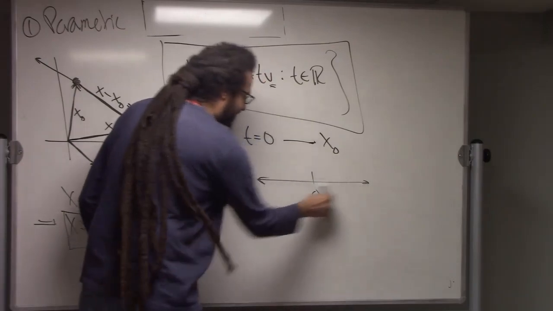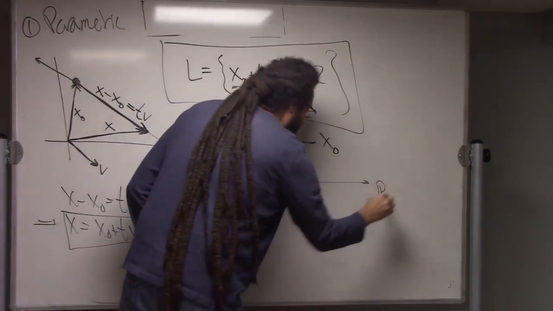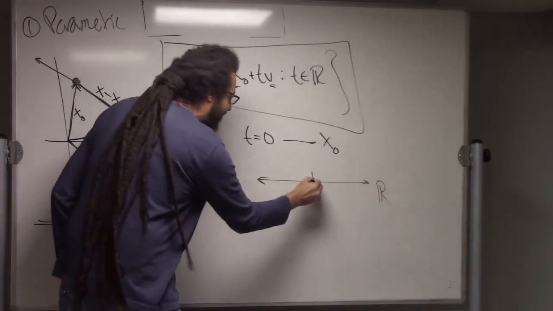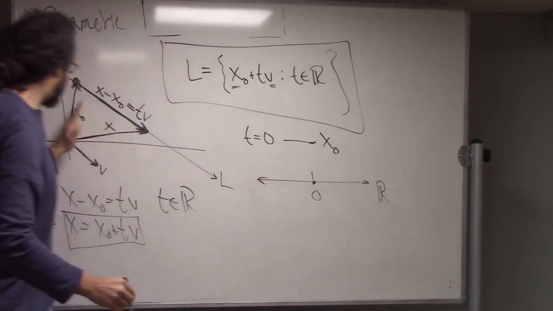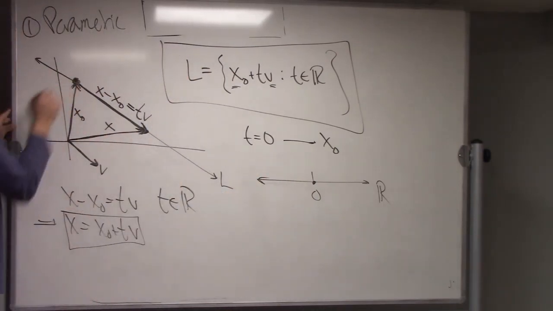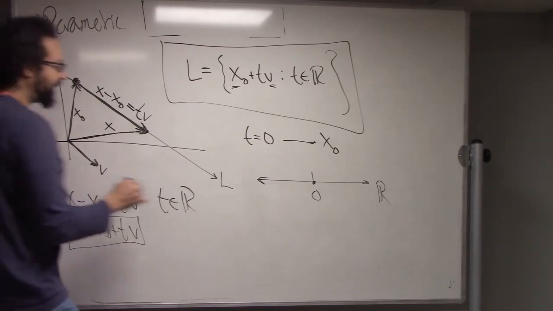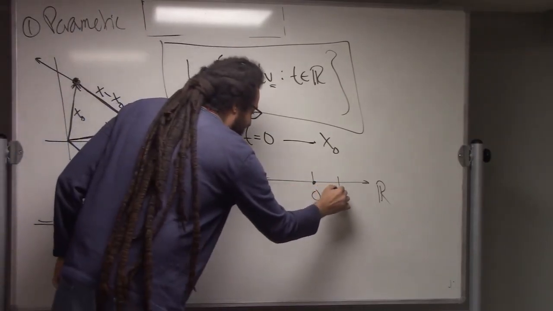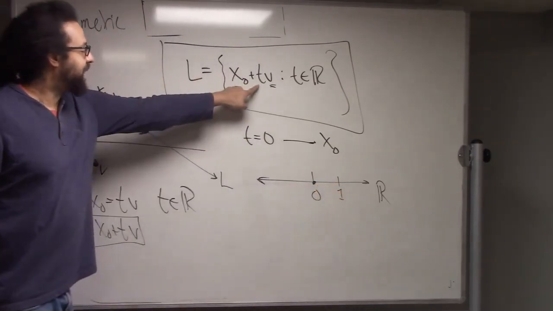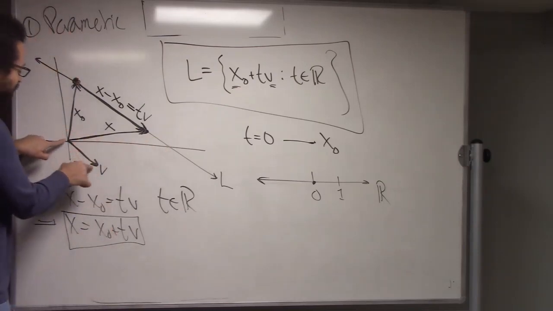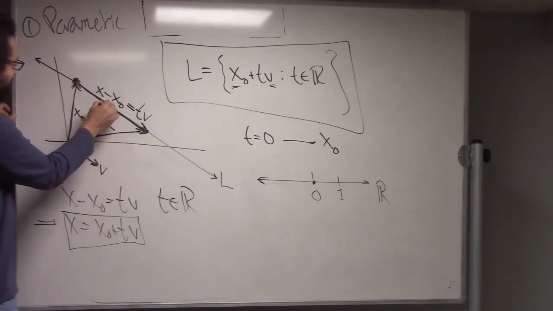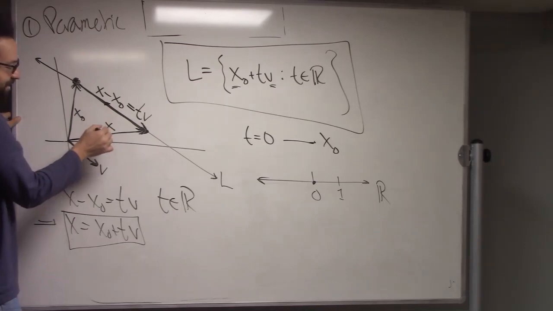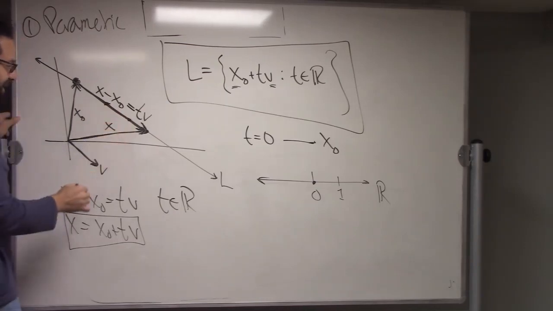So if we think about sliding along the real line, when we're right here at 0, then here we are at this point on the line. And when t is equal to 1, well then it's x0 plus 1v. So we'd be right about here. And when t is equal to 2, we'd be right about here.